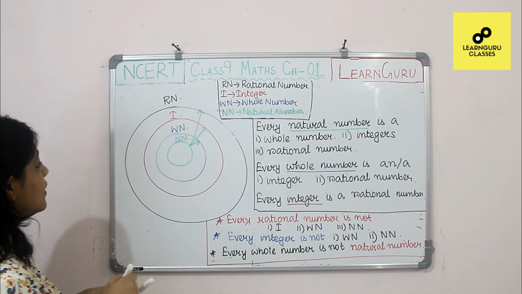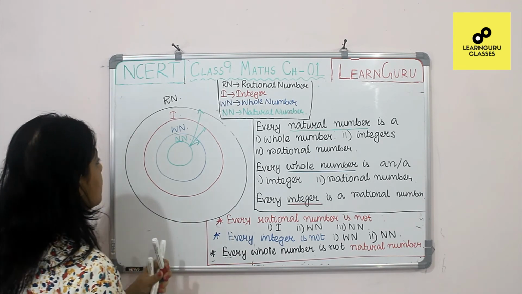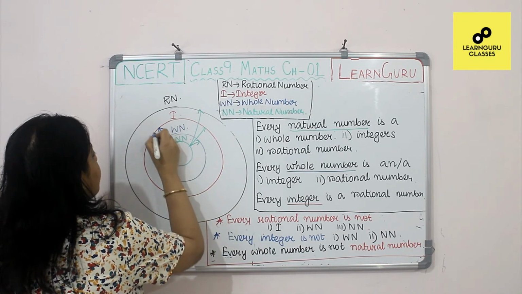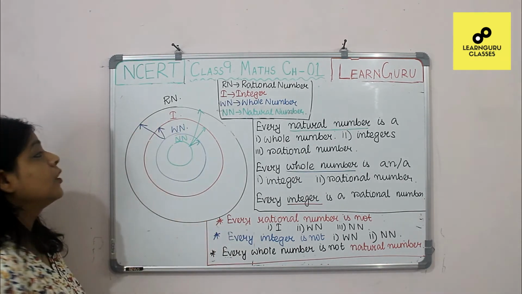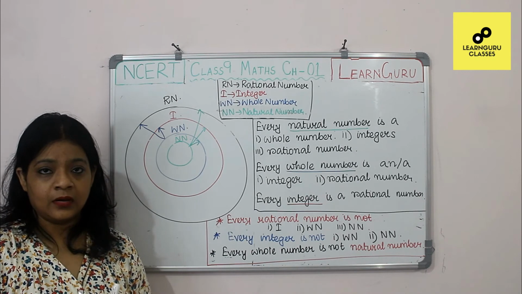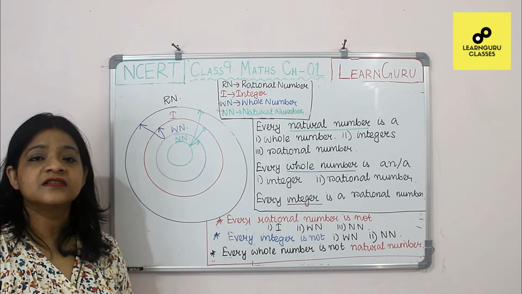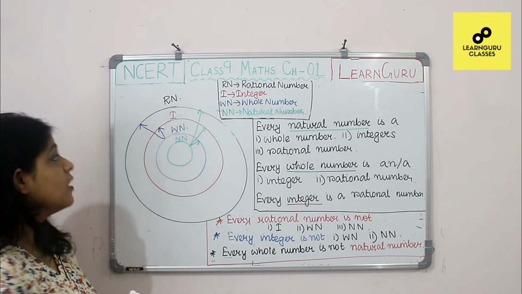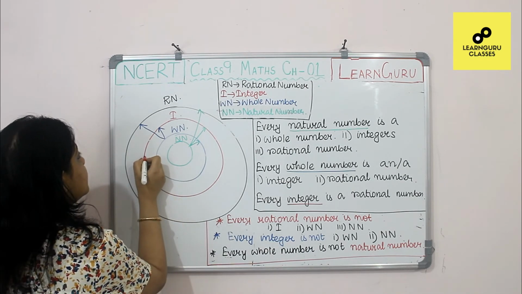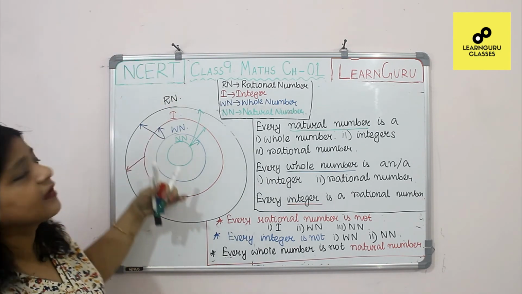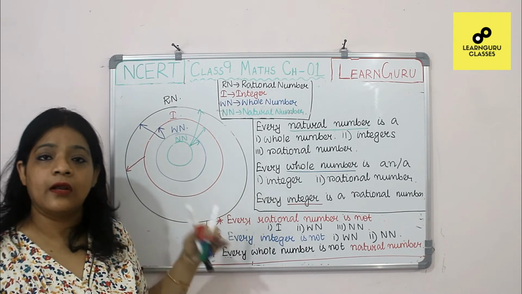Similarly we can move from whole number to integer, and from whole number to rational number. And since after integer the next bigger circle is rational number, we can move from integer to rational number, but backward from bigger circle to smaller circle we cannot move.